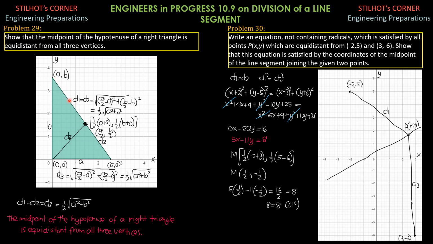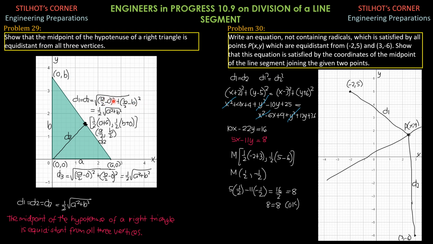And since this is denoted D sub 1, D sub 2, and this is the midpoint, D sub 1 equals D sub 2. And by distance formula and Pythagorean theorem, it is the square root of A over 2 minus 0 quantity square plus B over 2 minus B quantity square.